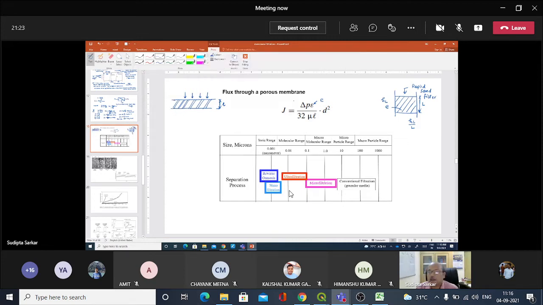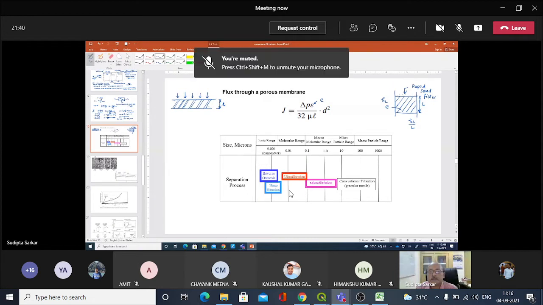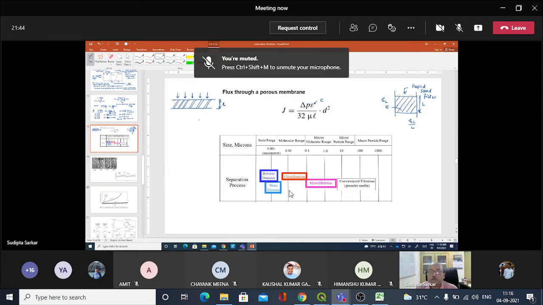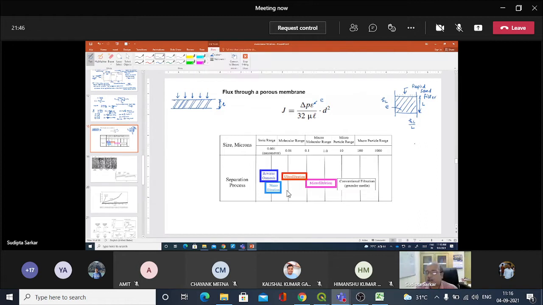Now here there is a fundamental difference: there we talk about the volume of the filter, but here we do not really talk about the volume of the membrane. What is important to us is the area of the membrane.